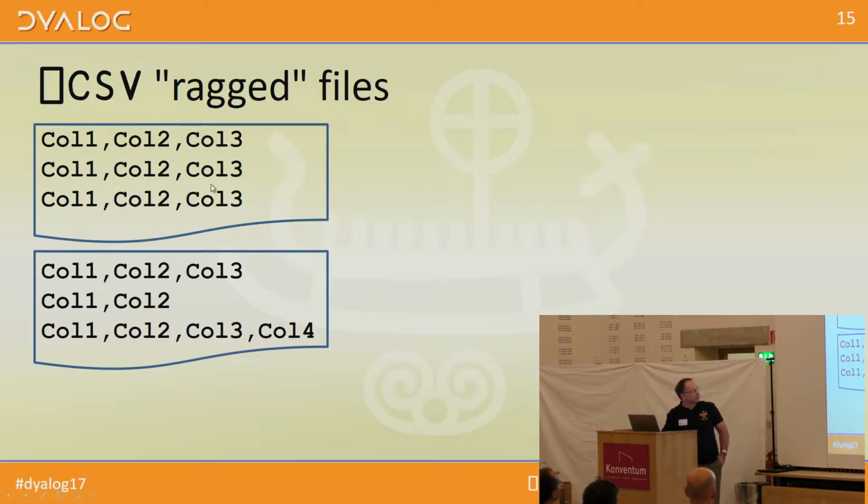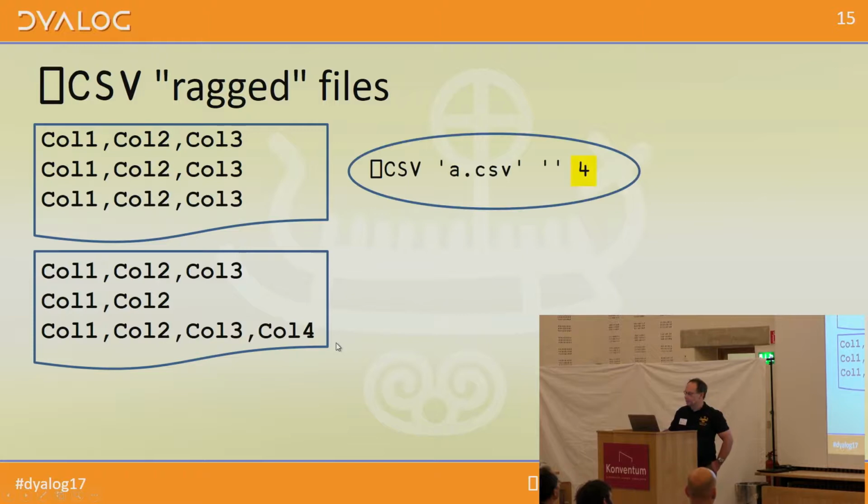The problem is, what happens is that when you don't explicitly tell Quad CSV the number of columns that are in this file, it uses the first line to work it out. And in this case, it works out as 3. And then when it hits this fourth one, it says, oh, that's not right. So you have to explicitly tell it. Well, I can read the first file like that with just saying that the type of all columns is 4, which means it could be numeric or alphanumeric.